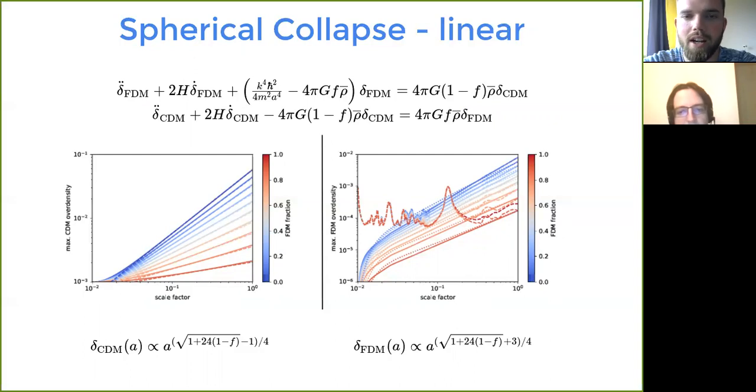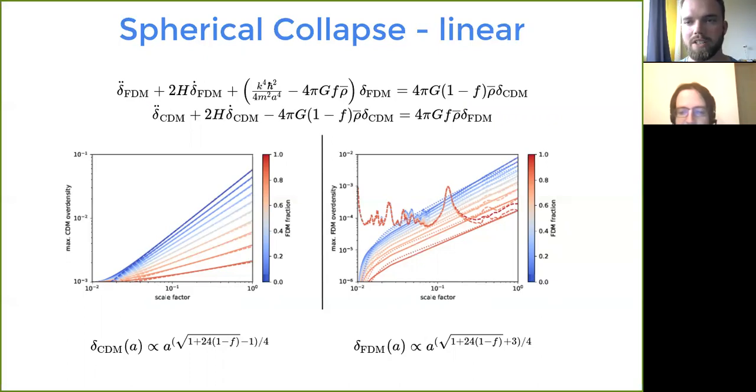So we redid linear growth of an overdensity. We simulated a soliton and saw that it rings at the expected frequency. We redid the condensation simulations that Levkov et al. introduced a few years ago, and all this, you can see in the paper, worked very nicely.